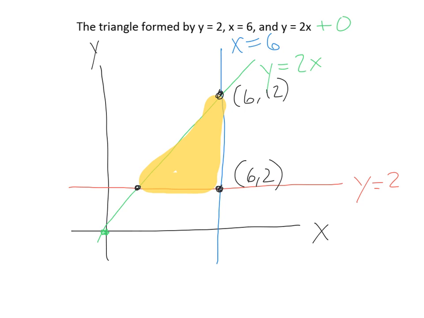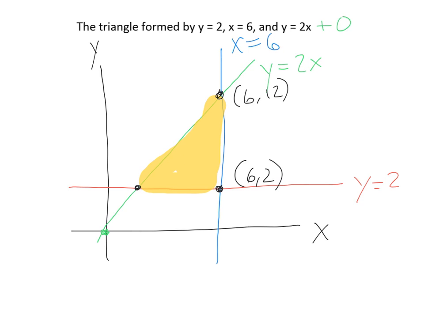So this would be 6, 12. Okay, and then the bottom left one, it's where y equals 2 crosses with 2x. If we just do a little guess and check here, what's going to make this line have a height of 2?